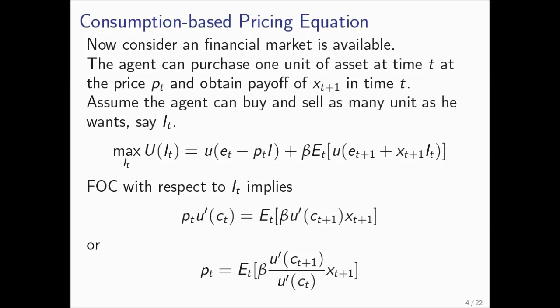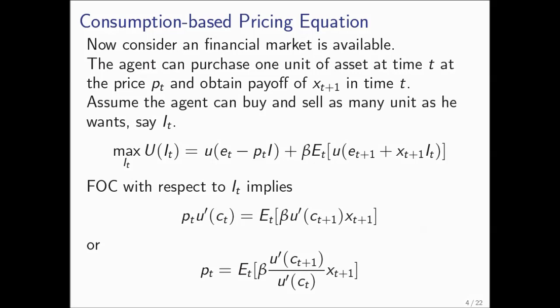Financial market means the agent can buy 1 unit of an asset at time t at price p, and expect the payoff. The future payoff is uncertain, stochastic, x_{t+1}. They can buy as many as they want. So what the agent is going to do is choose i_t.